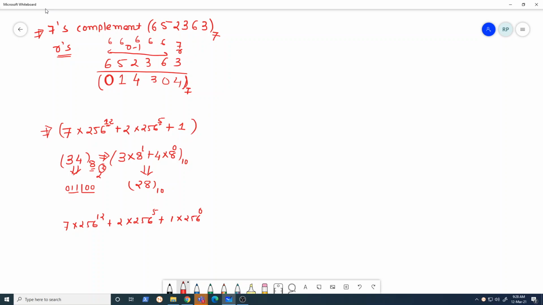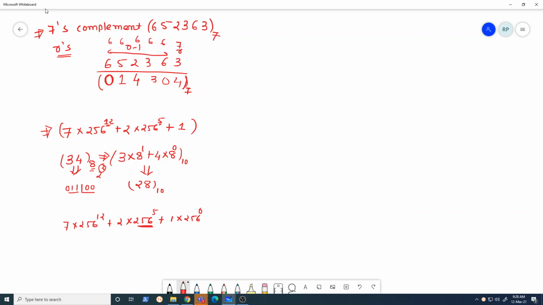So what this indicates is that in the base 256 system, at positions 0, 5 and 12, you have something. Remaining positions are 0. At 0, you have some digit.